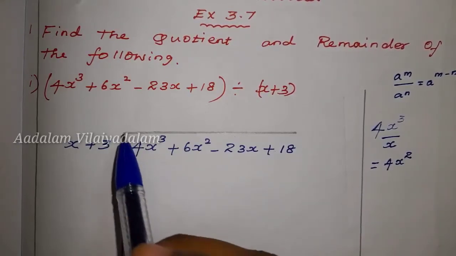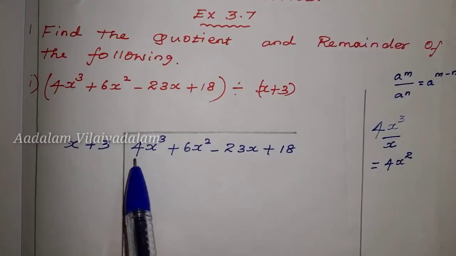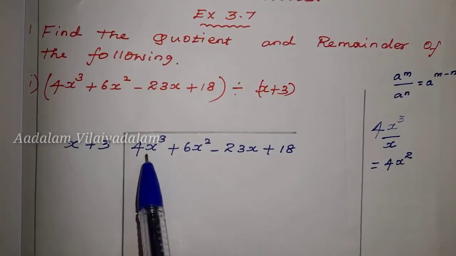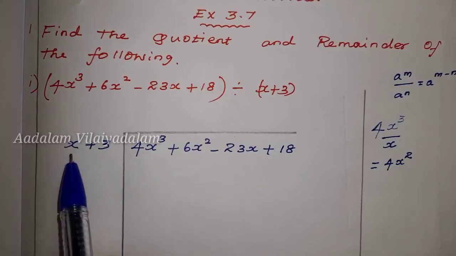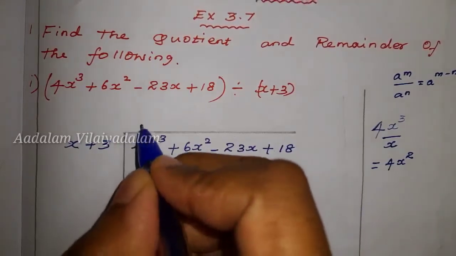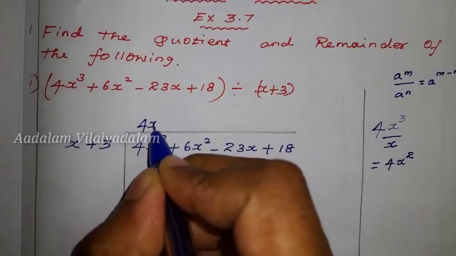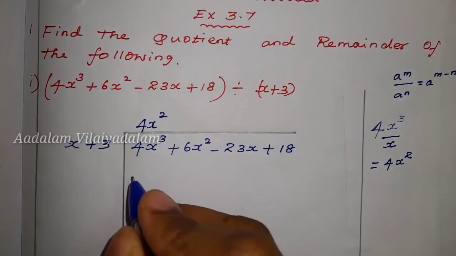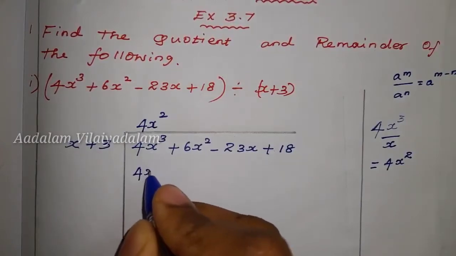So first identify the first term of the quotient: the first term divided by the first term of the divisor. So 4x cube divided by x, the answer is 4x square. Now multiply x into 4x square, that is 4x cube.